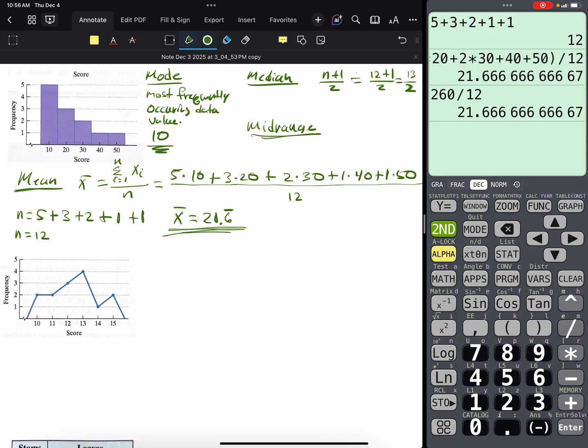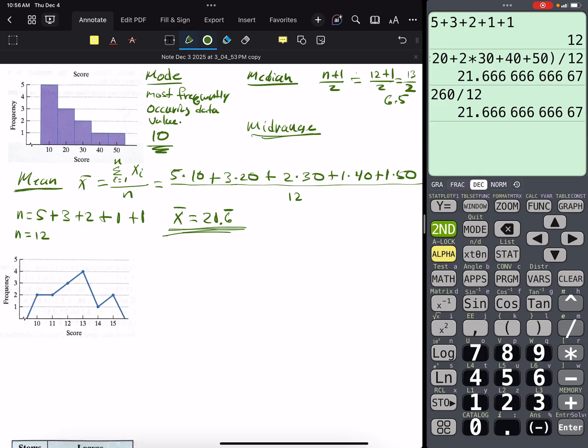Because 12 over 2 would be 6, and then 1 over 2 would be 0.5. And so what I have is 6.5 here. I think it's probably easier to see this when I think of it in terms of 6.5. And so I need the 6th and 7th data value. So the value below 6.5 and the value above 6.5, and I need to average them together.